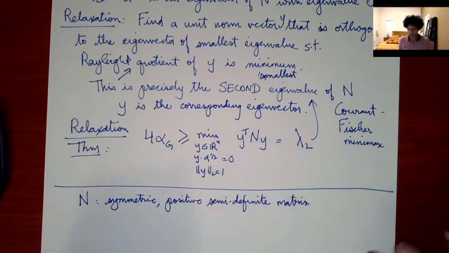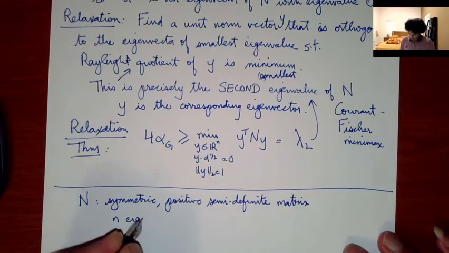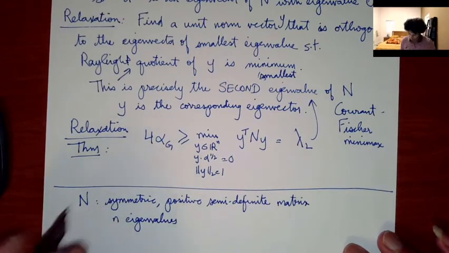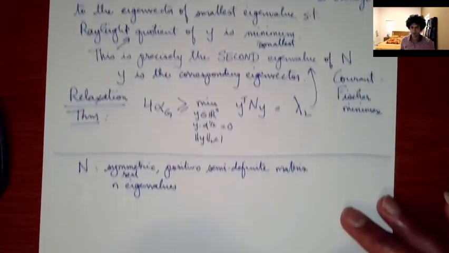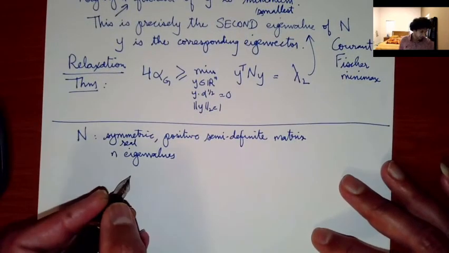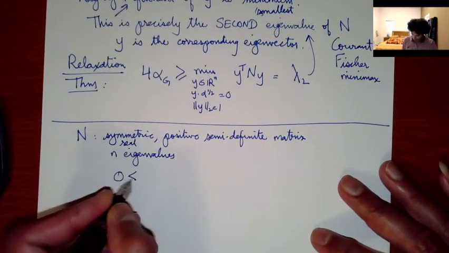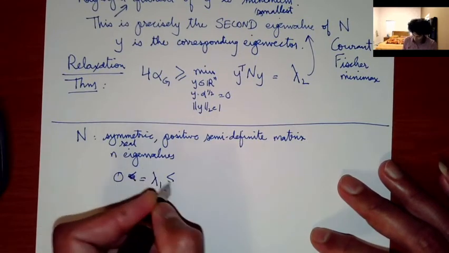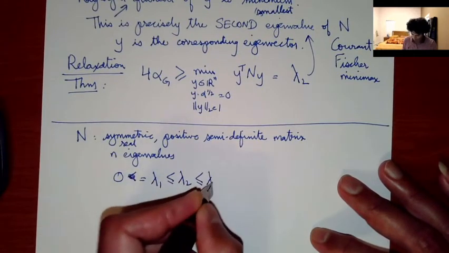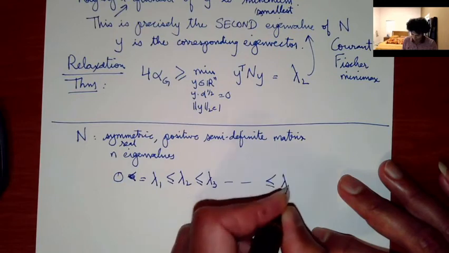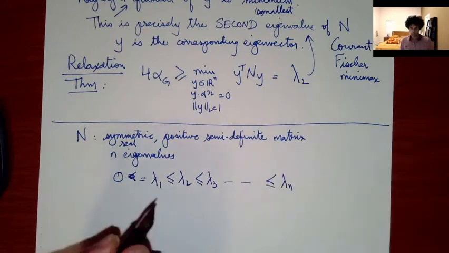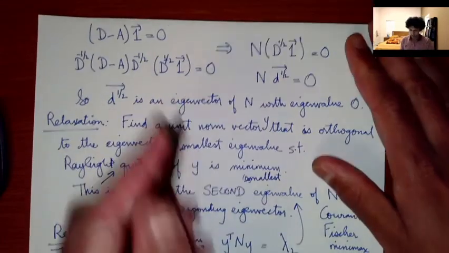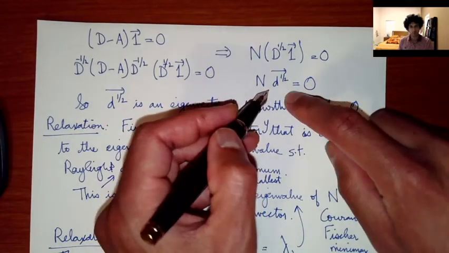Now, because it's symmetric, it has n real eigenvalues, and those eigenvalues I'm going to write down are lambda 1, which is 0, less than or equal to lambda 2, less than or equal to lambda 3, up to lambda n. Remember, the first eigenvalue is 0, and we just discussed this because of the calculation that we did here. The first eigenvalue is 0.